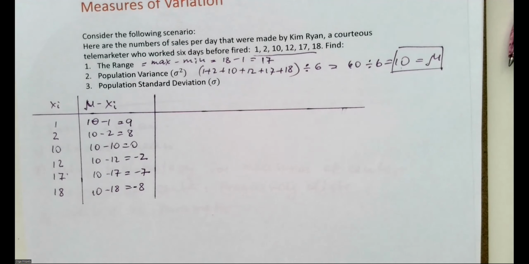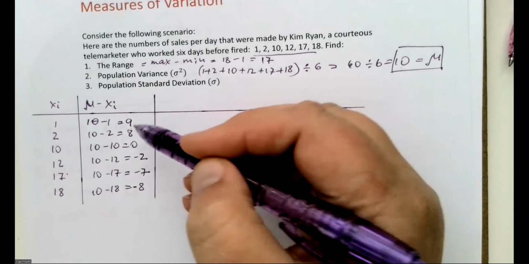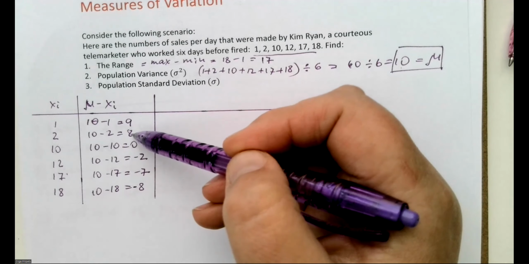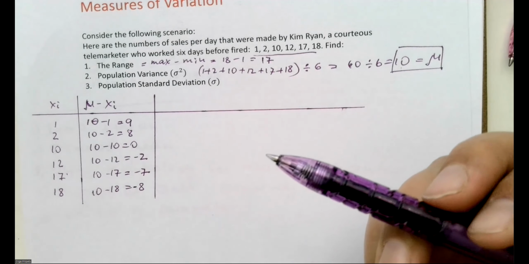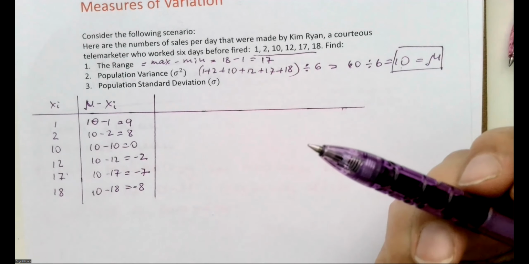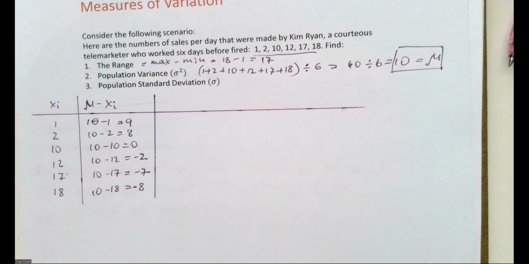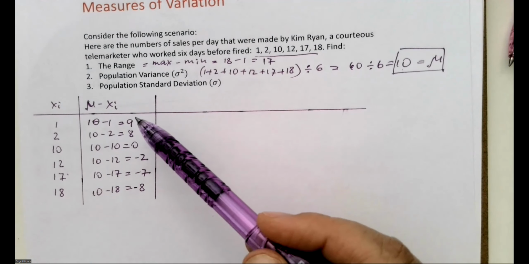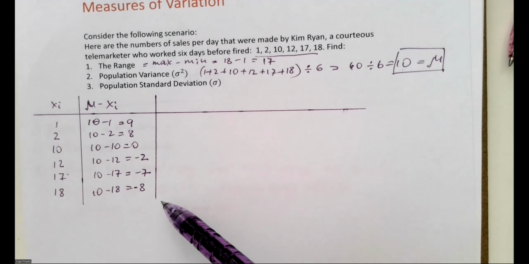Try it. Well, if you tried it, you may have noticed that the negative values canceled out the positive values, and you got a 0. And that's what you're supposed to get, because 0 is the true average, right? The average distance of an average from an average is a 0. Anyway, so the distances should be positive.